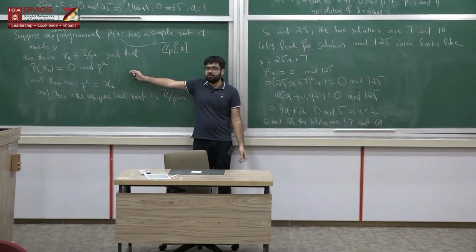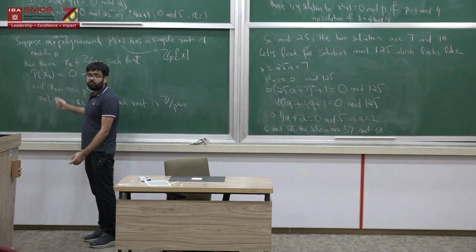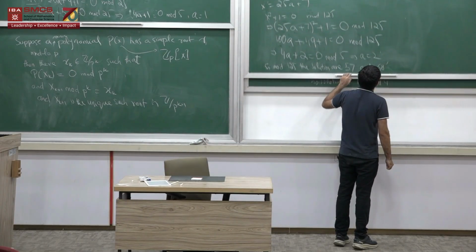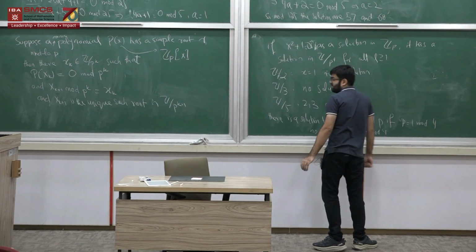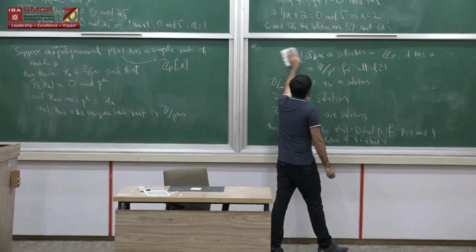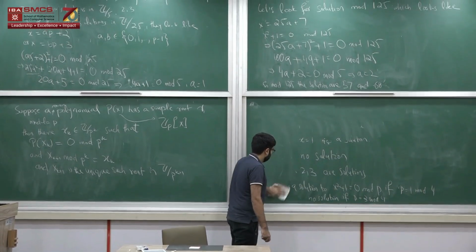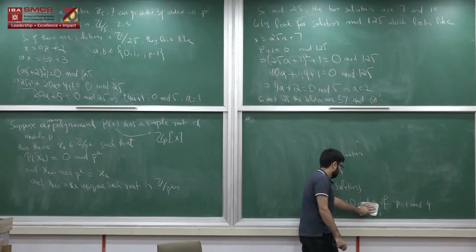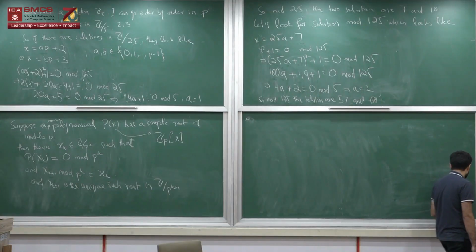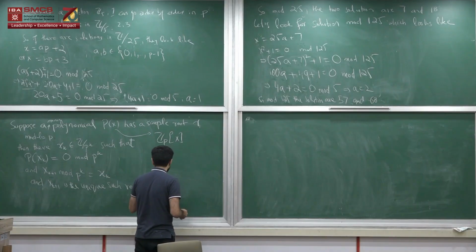So what I want to do is, if I have a root xk, I want to find the next one.